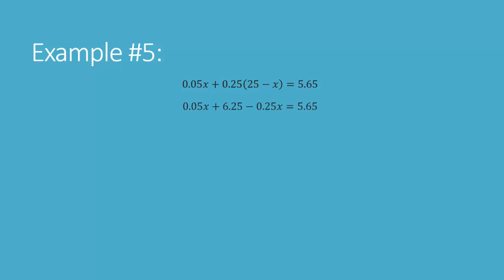Step 1, simplify both sides individually. Of course, this side you can't get more simple than a single number. So here we just distribute 0.25 across, so we get 6.25 minus 0.25 times x equals 5.65. Now, I am leaving these in decimal form.